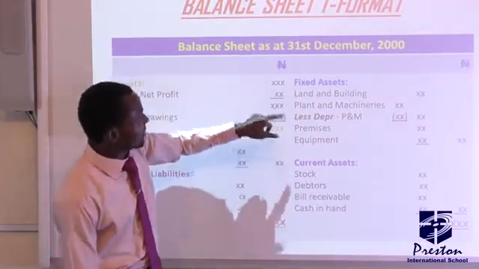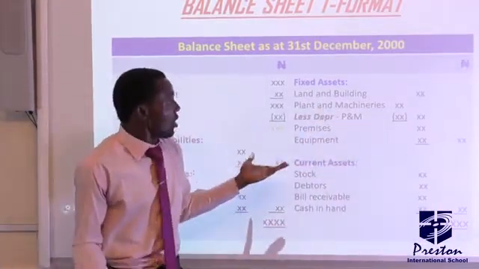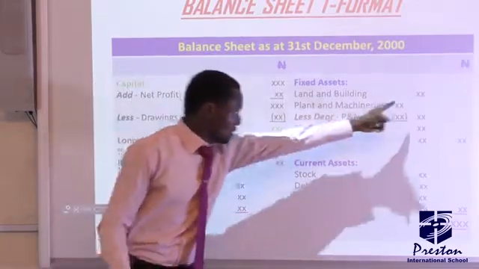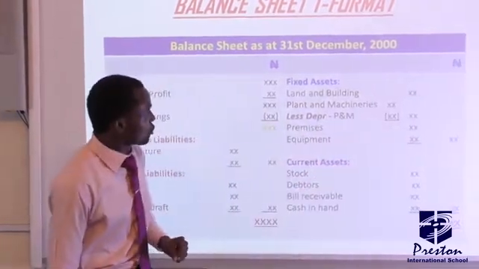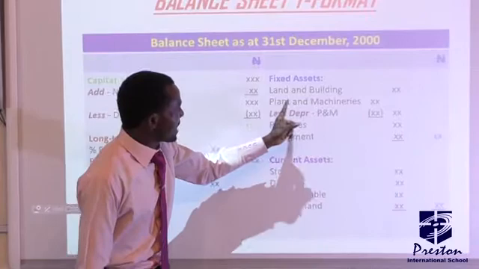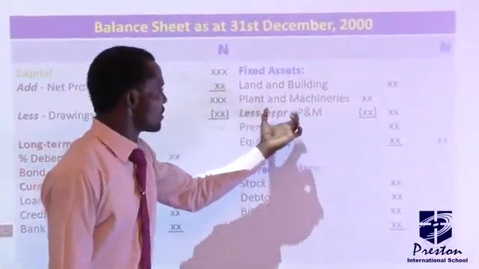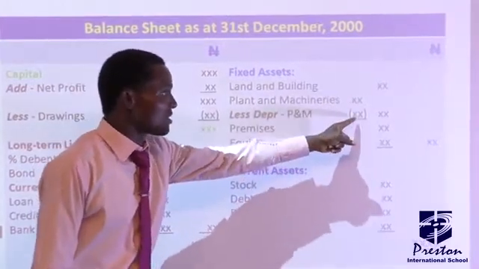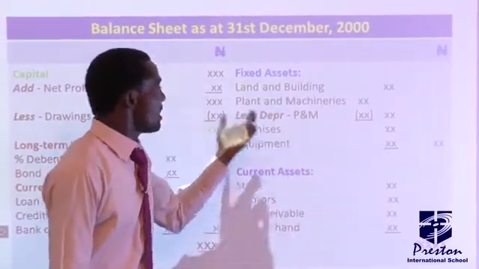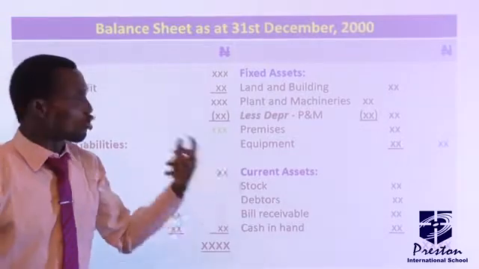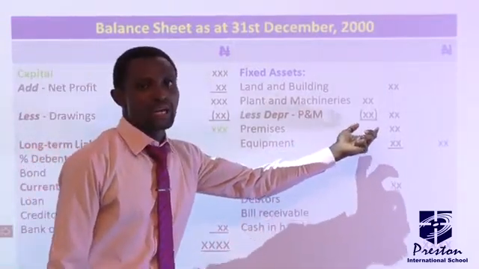What are we talking about? Take a look at land and building. There is no depreciation recorded. We forward the balance straight to that corner. And our plant and machinery, there is depreciation here. Therefore, we must charge the depreciation against the real value, which is in brackets. Remember, anything you need to subtract, I always put in brackets for you to know.